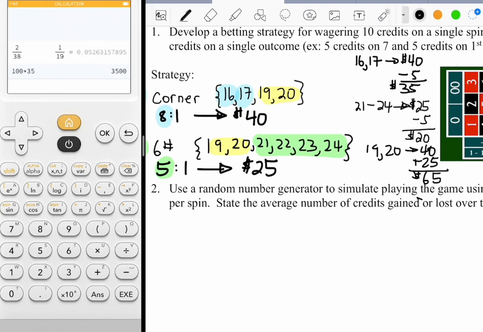All right, now you might look at that and say, well, that's modest. What about that big $3,500 we were talking about before? Well, it's a 1 in 38 chance. I don't know if I want to do that too many times. But what I'll do is I'll play this strategy for a little while.